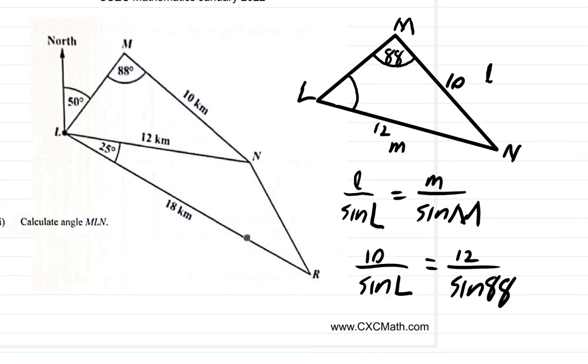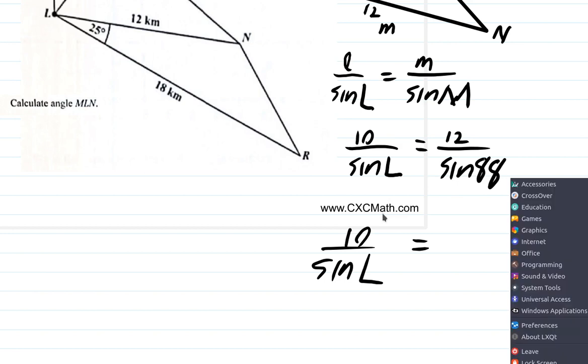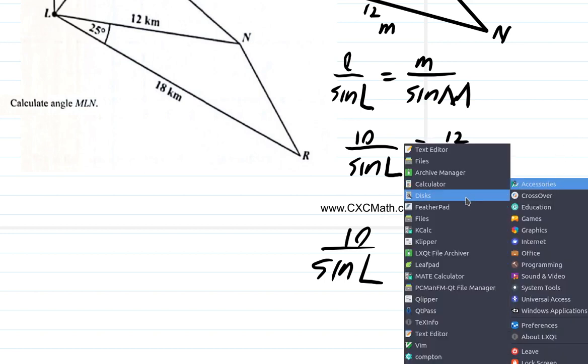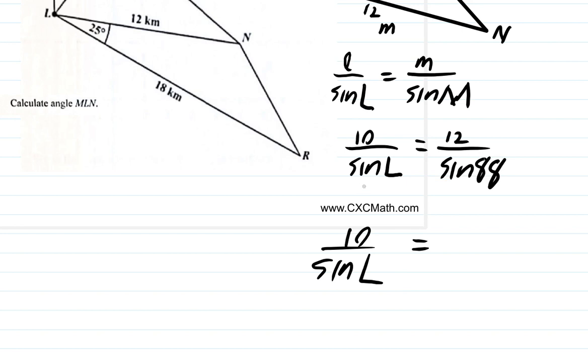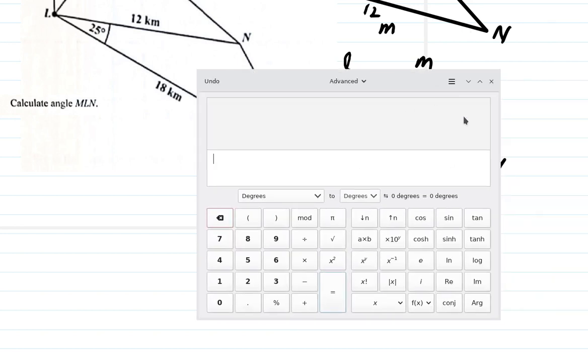So here now, what you would have is 10 divided by sine of L equals 12 divided by sine 88. What is that equal to? Let's draw for our calculator here. What is our calculator saying?